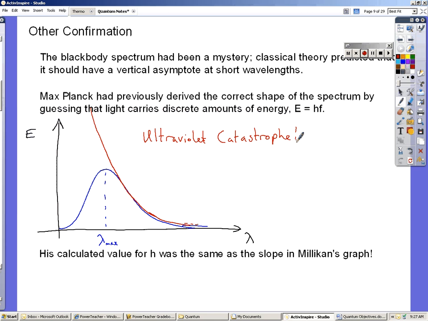And physicists had known this for 20, 30 years before anyone came up with a good theoretical explanation for the peak. So this is classical theory, and the blue is experiment.